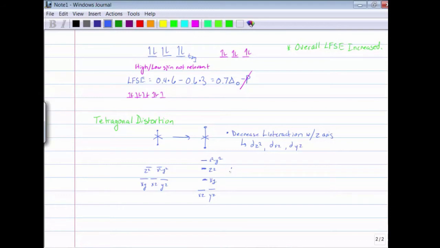octahedron. This is also what we see for square plane. If you remove those two axial ligands completely, then you end up with a square plane. So a square plane is really just an extreme version of a tetragonal distortion of an octahedron.